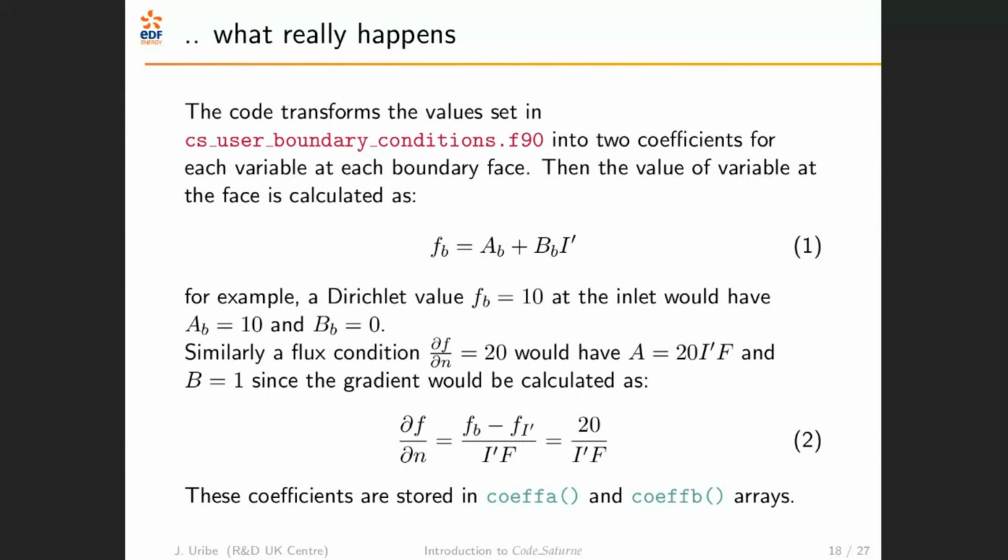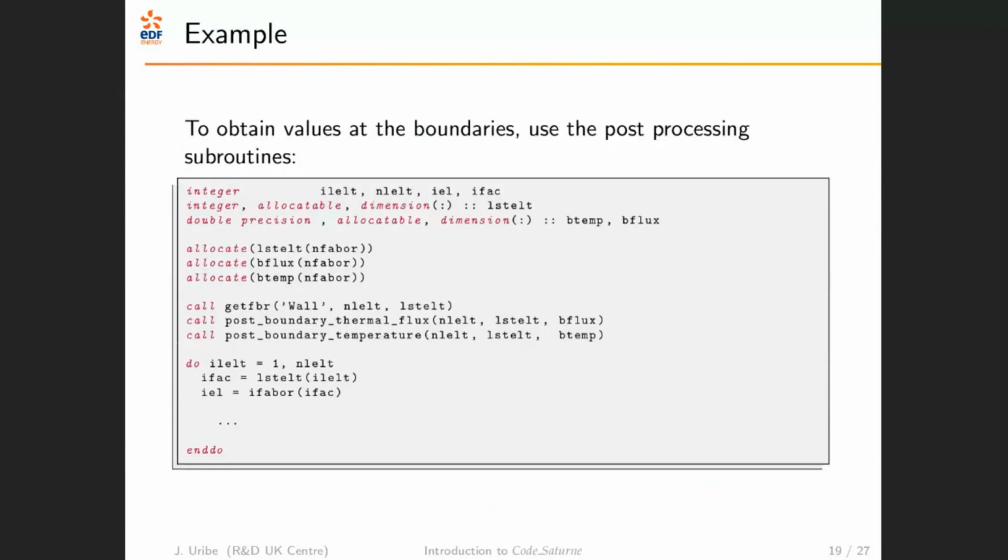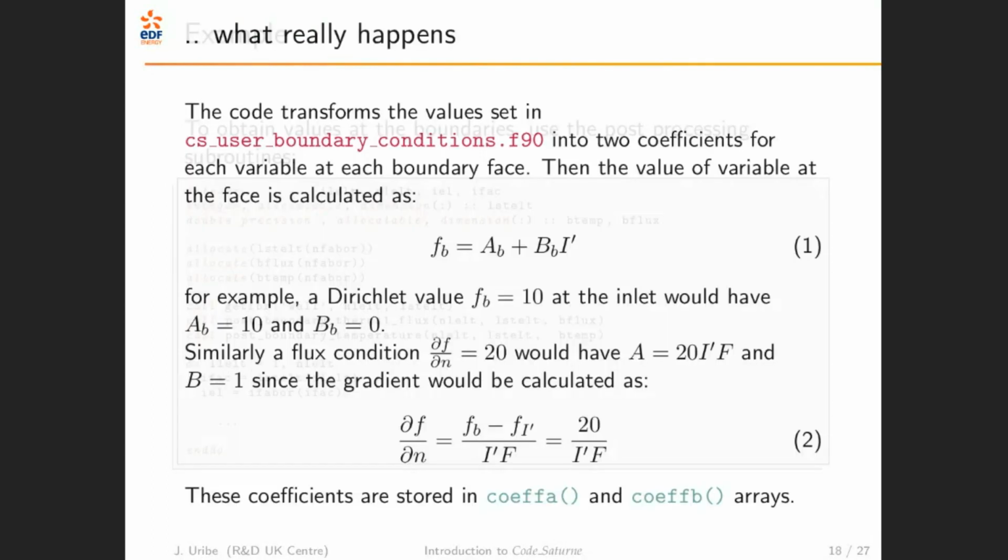So when you fill these CS user boundary conditions, what really happens is that all the boundaries are written as a function of A and B coefficients. Regardless of whether you have a flux type of condition, a fixed value type of condition, or a mixture of those, you will have A and B coefficients.